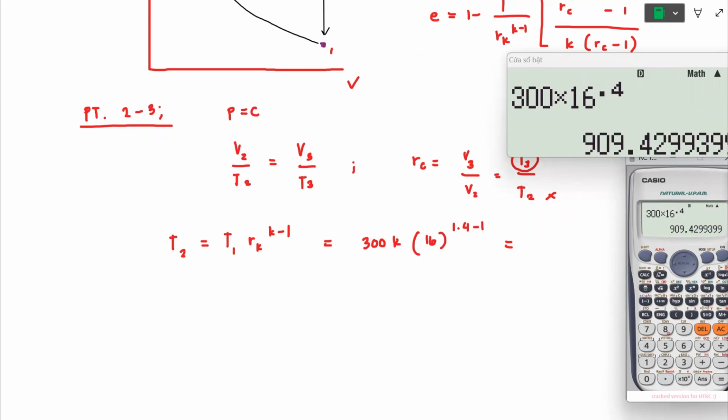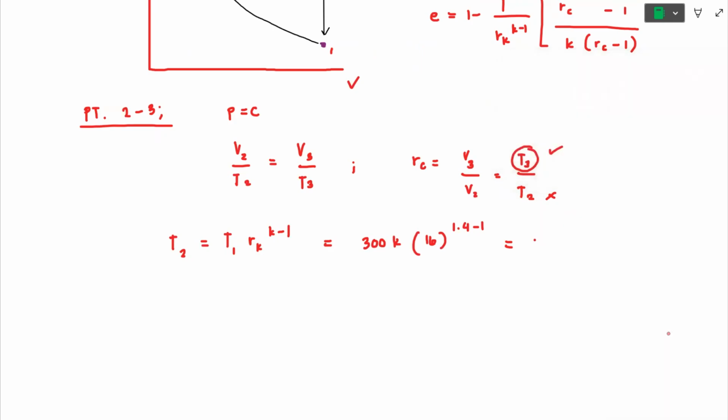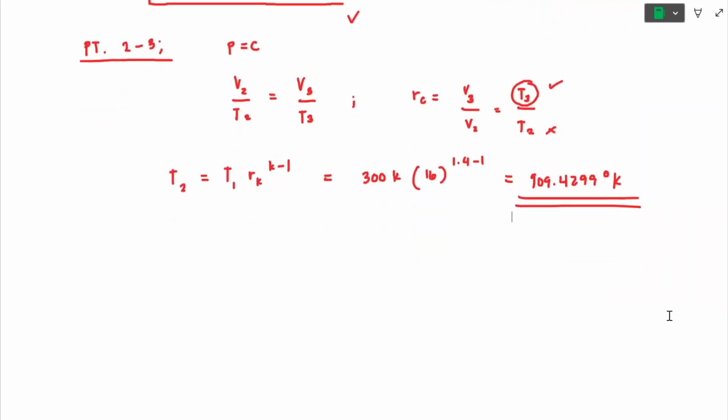So, the answer is 909.4299 degrees Kelvin. Ay, meron na akong T2. So, RC is solvable na. So, T3 divided by T2, 5,000 divided by 909.4299.